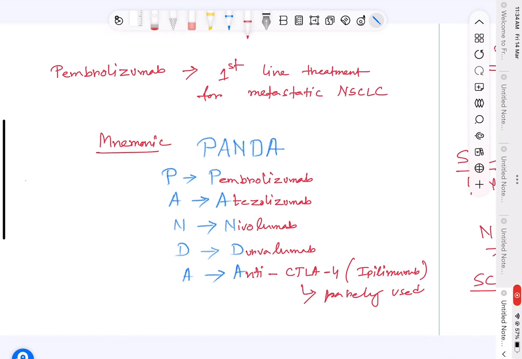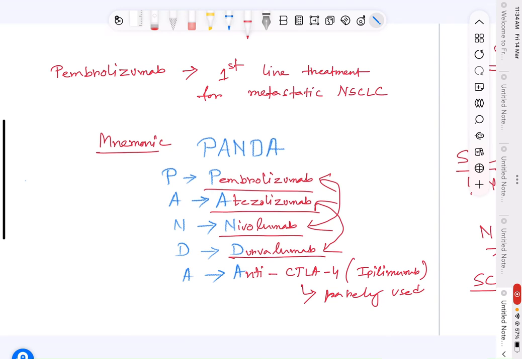So pembrolizumab, atezolizumab, nivolumab, durvalumab, and anti-CTLA4 ipilimumab. Pembrolizumab and nivolumab are the PD1 inhibitors, and these two are PDL1 inhibitors.